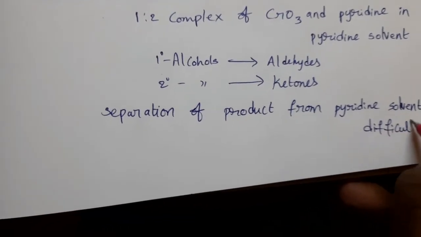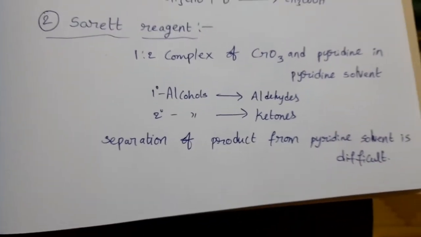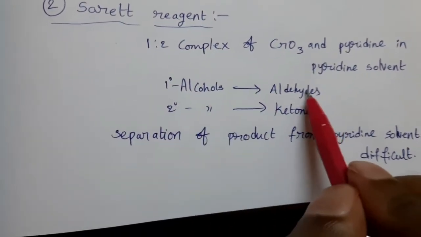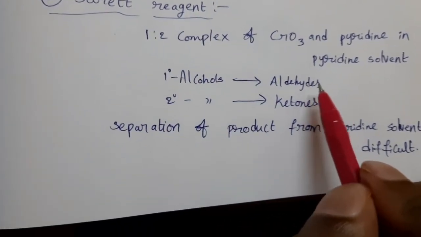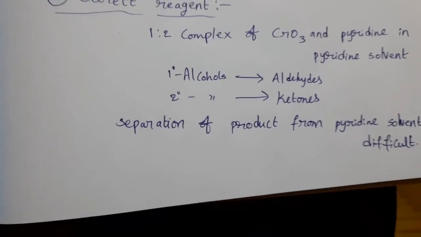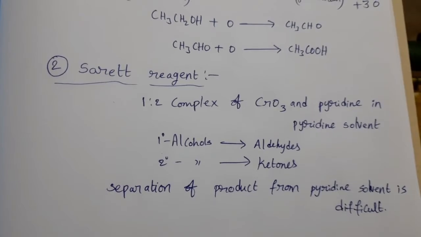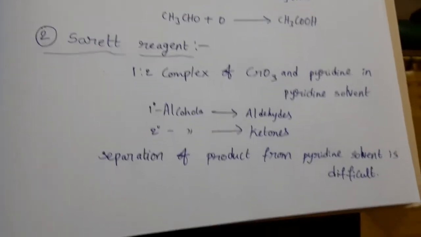So this is the main disadvantage. In oxidation of primary alcohols, we get aldehydes, and the separation of this aldehyde from pyridine solvent becomes difficult. That's why this reagent was modified by another scientist, Collins.